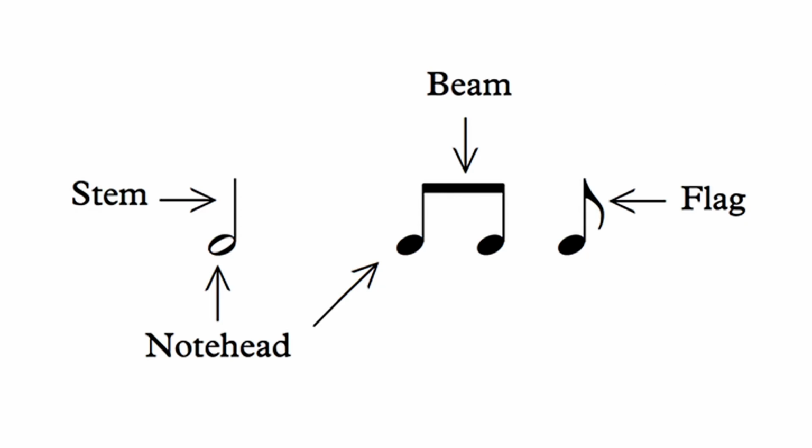Composers and music editors can sometimes get artistic choosing flags or beams for eighth notes to say how they feel you should play. More individual sounding notes might get flags, and a flowing of notes might connect with a beam.